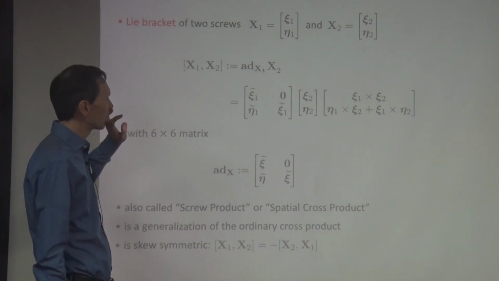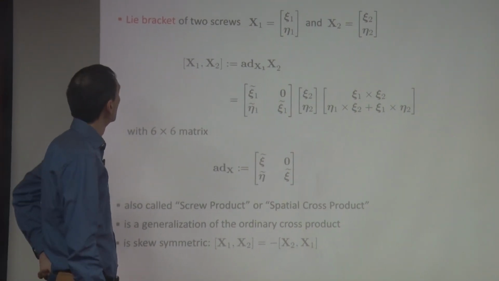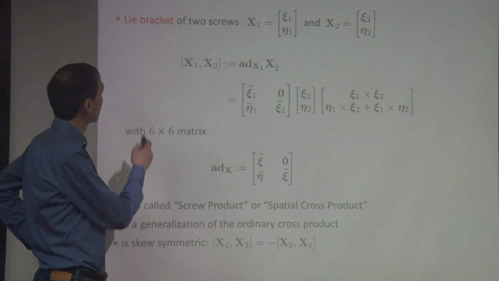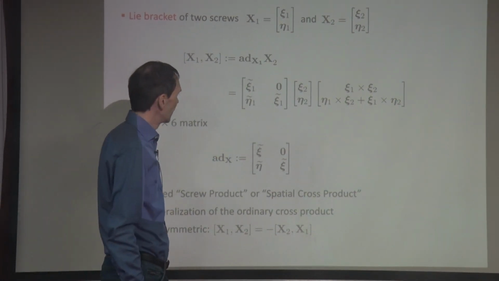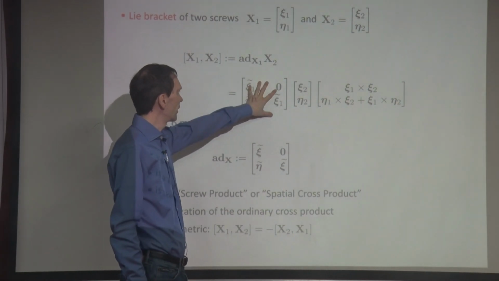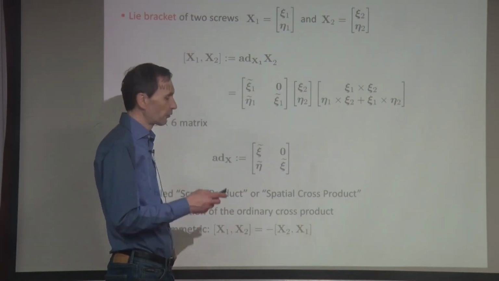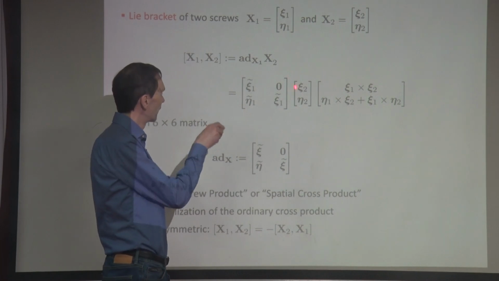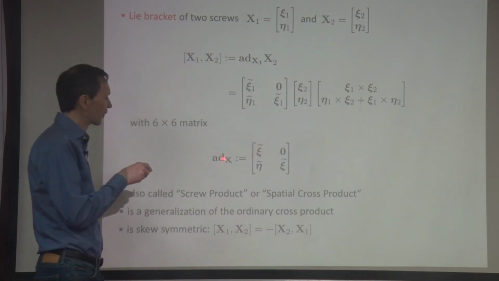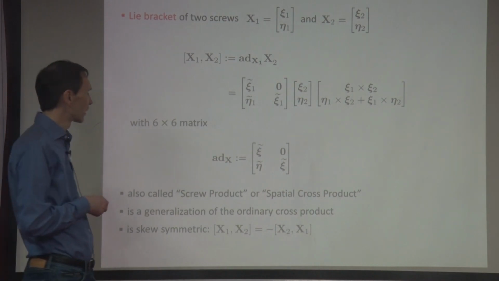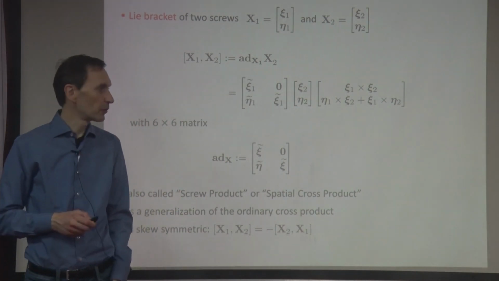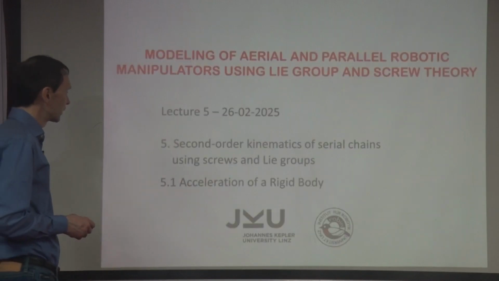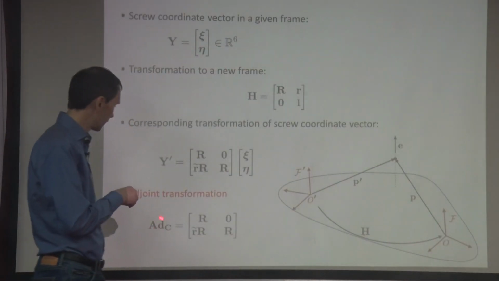But anyway, there must be some names for that, right? So first of all, it's called the Lie bracket, and maybe you call it the screw product, which also makes sense. And to have a name, or let's say a symbol for that 4 times 4 matrix here, we give it a name, and it's called the little ad x, the little adjoint. Remember we had the big adjoint, that was the one here, the big ad.